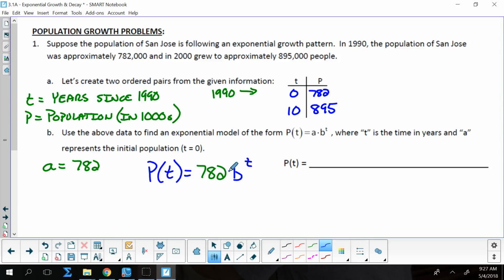But I need to find what b is. So I'm going to use the second data point. I'm going to use this data point now to figure it out. So P of t would be 895 equals 782 times b to the 10th power.